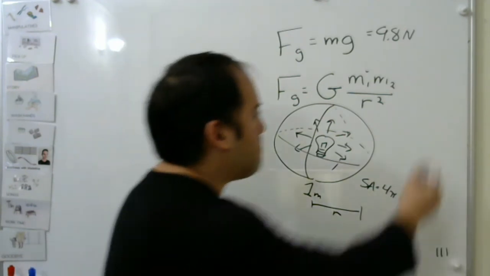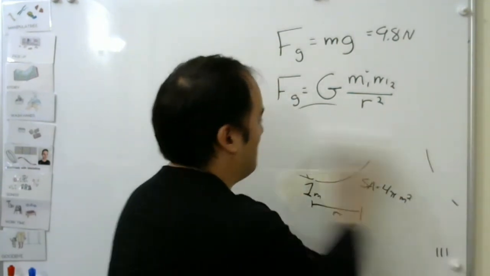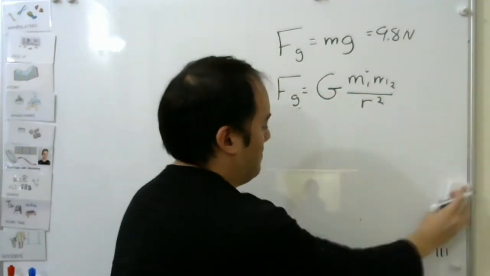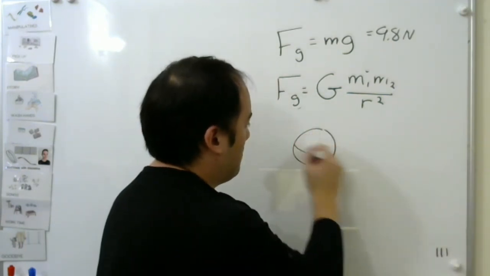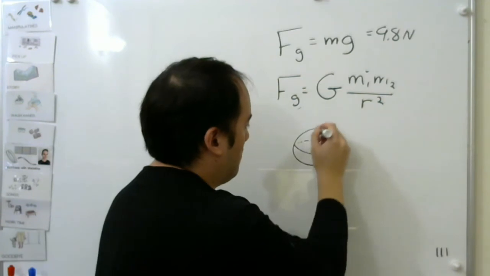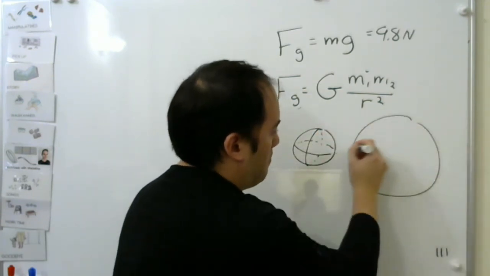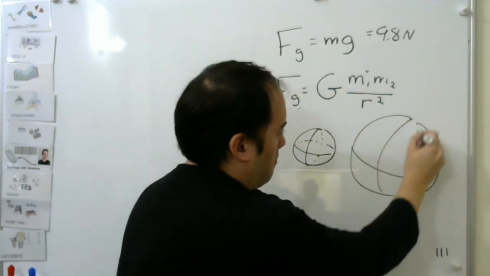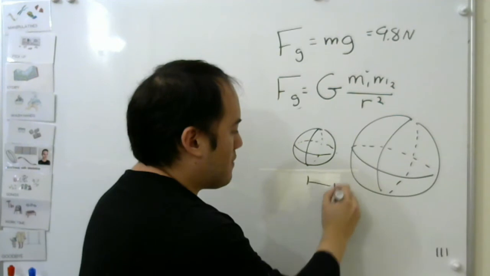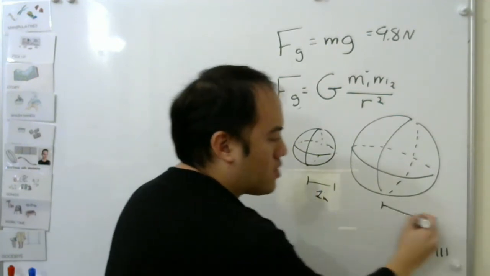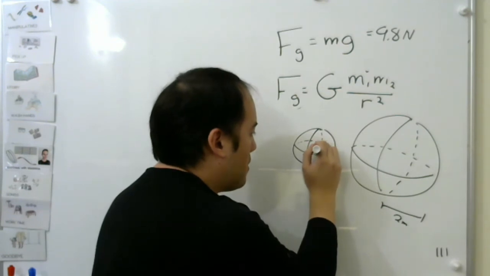What if I had a bigger sphere? I've got a 1 meter radius sphere and a 2 meter radius sphere, and I put a little light bulb inside both of them.